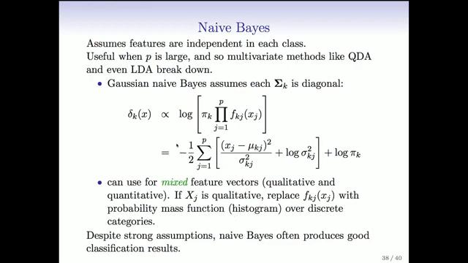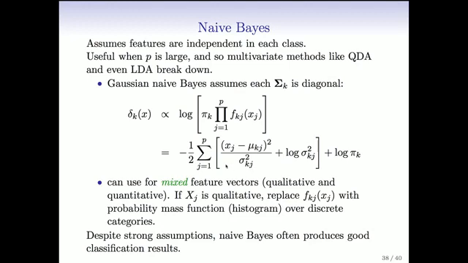You can use mixed features for naive Bayes. What we mean by that is some qualitative and some quantitative features. For the quantitative ones, we'd use the Gaussian, and for the qualitative ones, we replace the Gaussian densities by just histograms, or probability mass functions in this case, over the discrete categories.